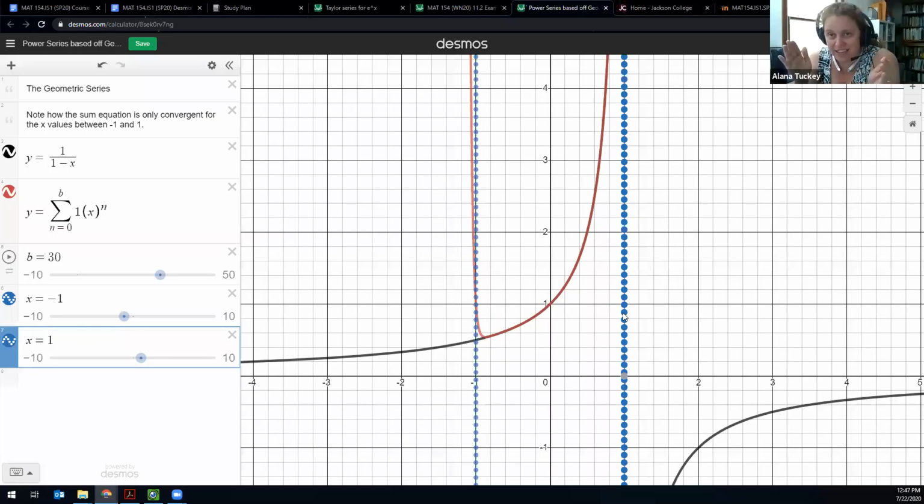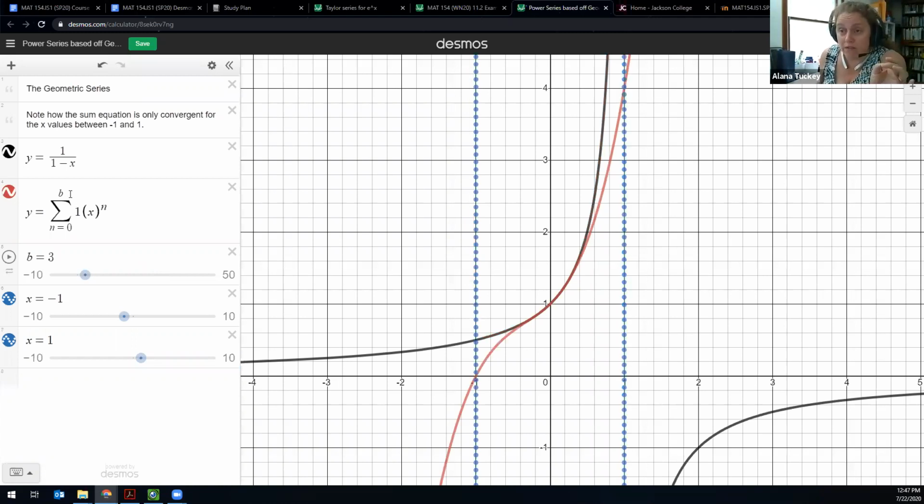I'm actually going to resume recording real quick. Let me just say this again so everybody can hear it. The phenomenal thing about power series and why they're so useful is that we can take a discrete sum, and it approximates and actually is that curve for the interval of convergence, in this case from -1 to 1.